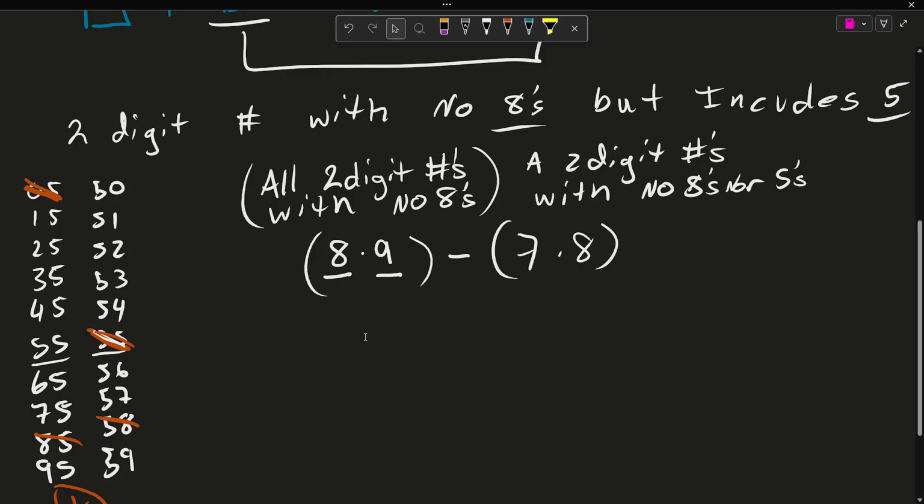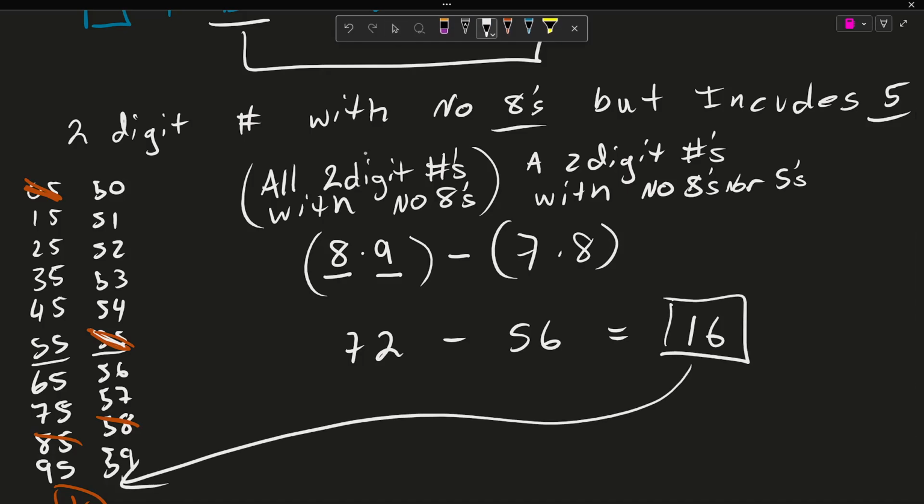Well, 8 times 9, last time I checked, was 72, minus 7 times 8, which is 56. And now 72 minus 56, I believe, is 16. Why is that awesome?